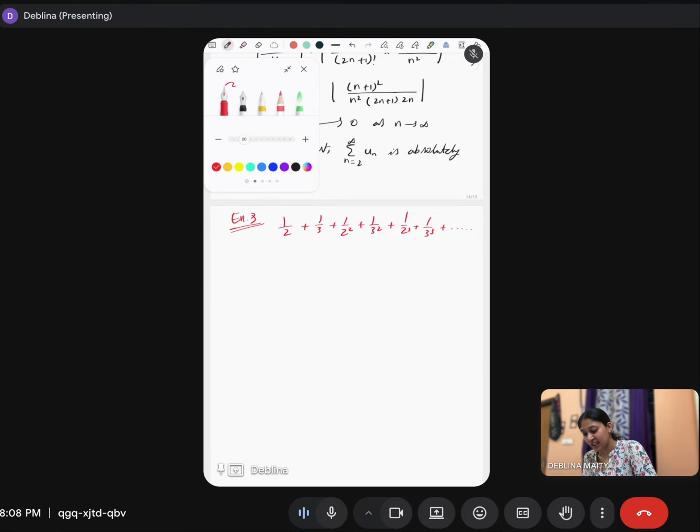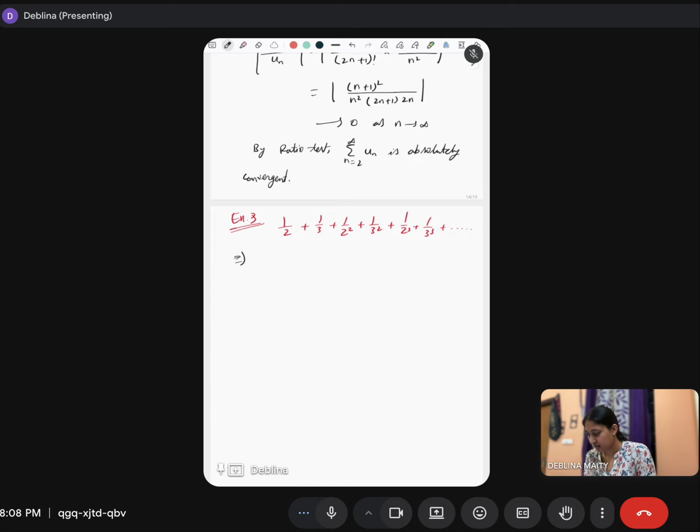So you have to check if it is absolutely convergent or not. So we'll use the ratio test or root test. We are denoting sum of un to be this sum.